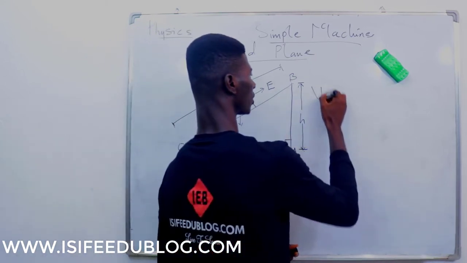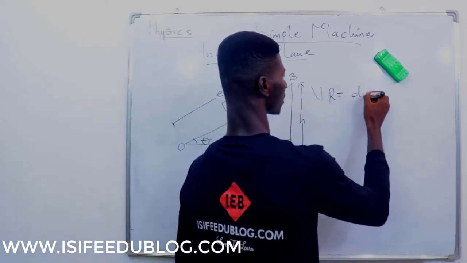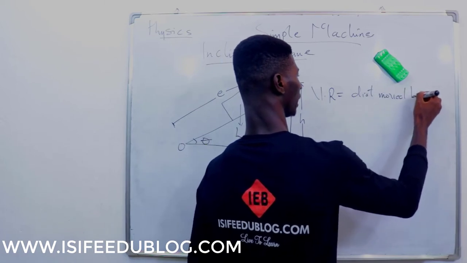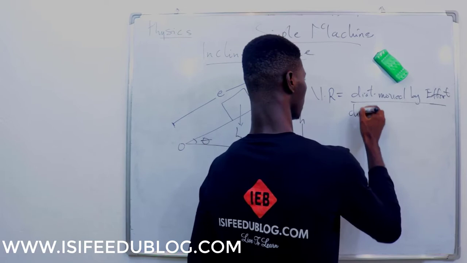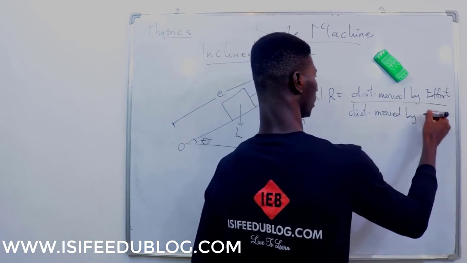In the actual sense, in a right angle triangle, first of all we have the velocity ratio, which is distance moved by effort divided by distance moved by load.